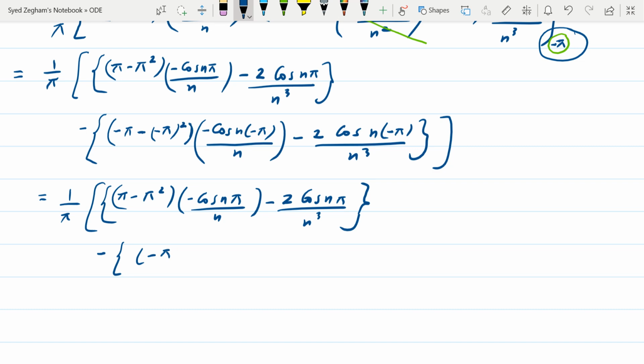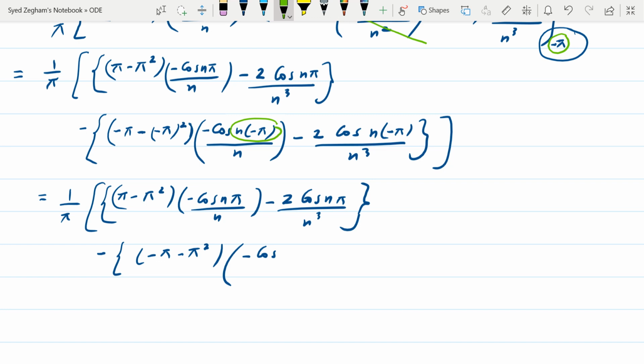minus pi minus pi whole square will become pi square, minus cosine negative n pi, and we know that cosine of minus theta is same as cosine of theta.